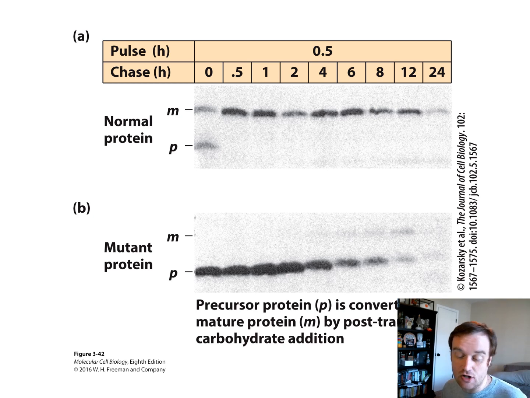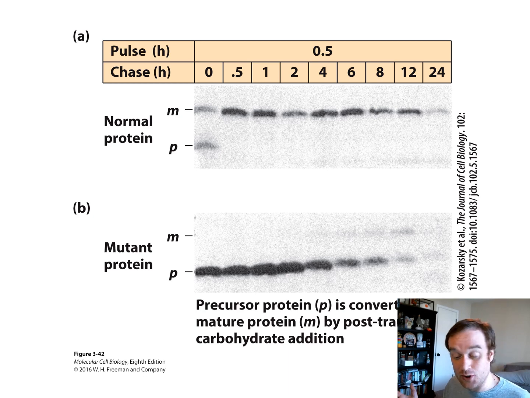And this allows all newly synthesized proteins that we're interested in to incorporate that radioactive sulfur as opposed to just a normal sulfur. So we'll be able to see all the newly synthesized proteins because they're radioactive. And so after that pulse of a half hour, we wash away all these amino acids that are radioactive.